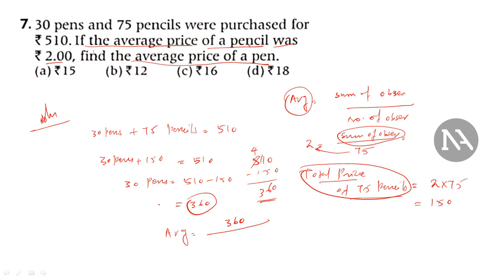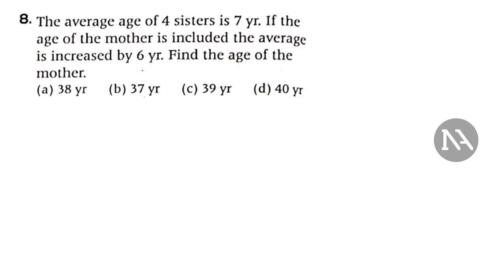So 0 and 0 will cancel each other. So 3 one times, here 3 one times, and 6 two times. So it is 12. So the average price of a pen is equal to 12. Option B.